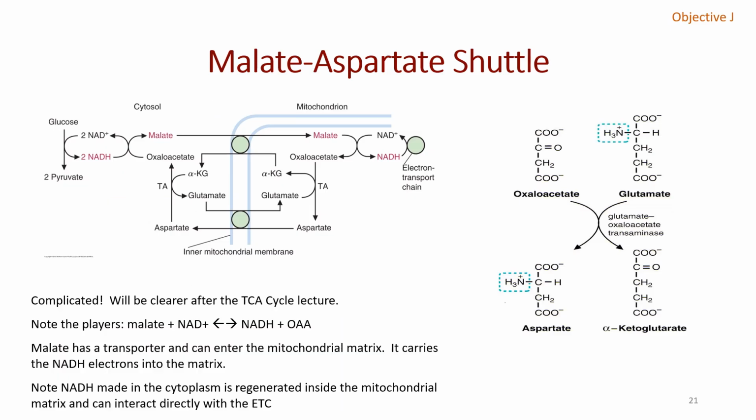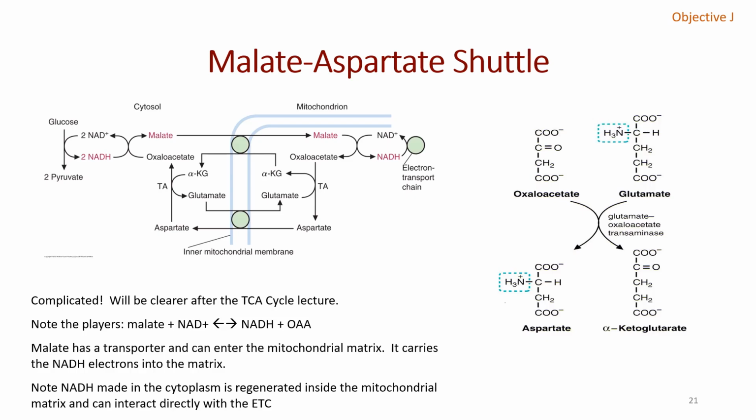Now, the idea is similar for the malate aspartate shuttle. It's just a little bit more complicated, and it's a little bit hard. If you've had biochemistry before, you've seen the TCA cycle, and you know about the relationship between malate and oxaloacetate. If you haven't done biochemistry before, you don't remember the TCA cycle, you'll have to hold on until the next lecture where we see how this works together.